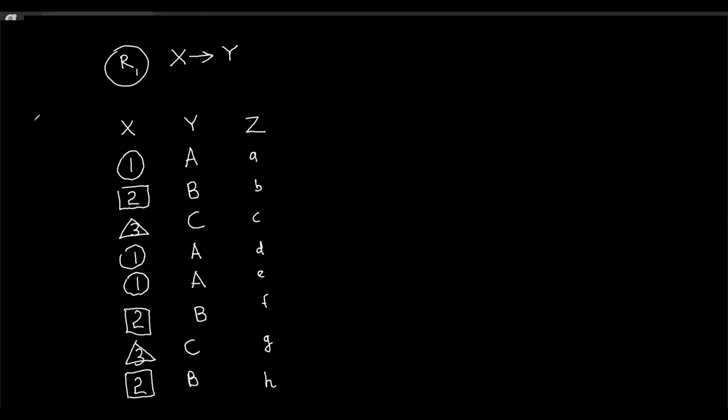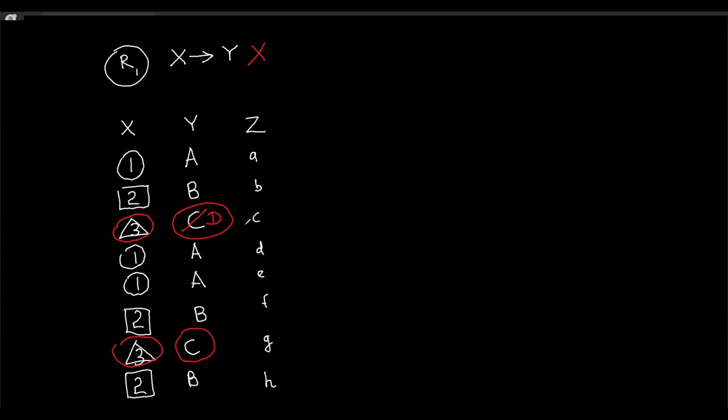Let's ask a question. Instead of C, if we had uppercase D, what happens now? Well, here the values do not match. For 3, there are two different values. Therefore, we can say this is not an FD that is followed in relation R1.